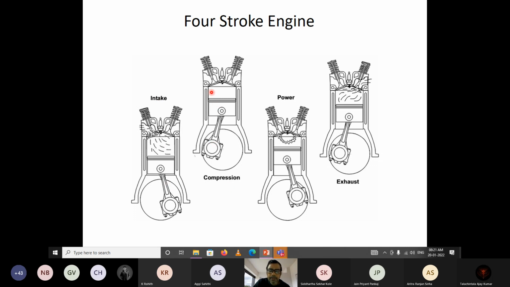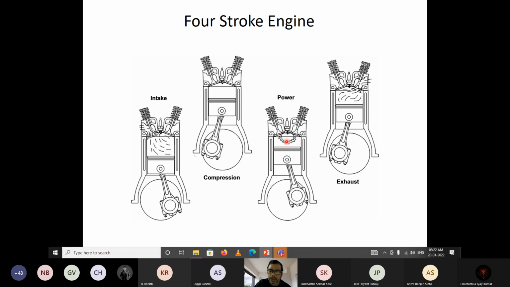Towards the end of the compression stroke, the combustion is going to take place. That combustion may take place with the help of an external source of energy, or the compression pressure and temperature may be self-sufficient to ignite the mixture.